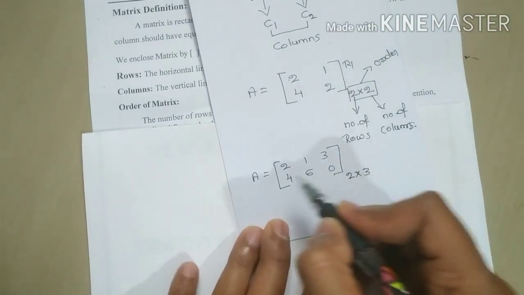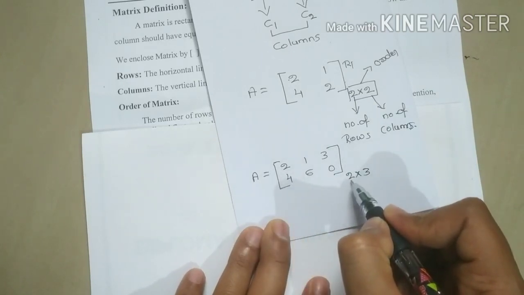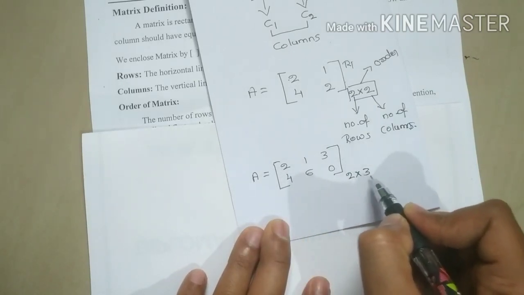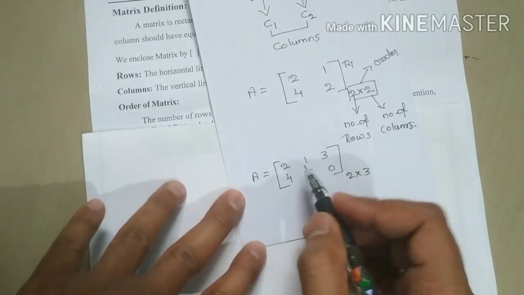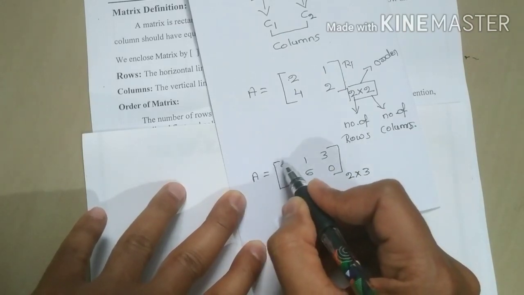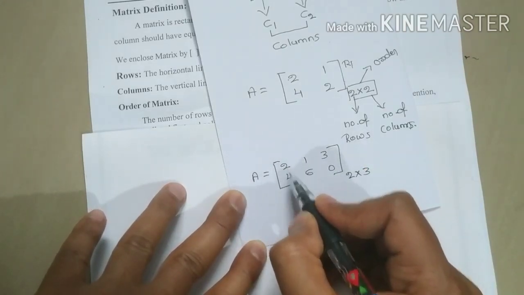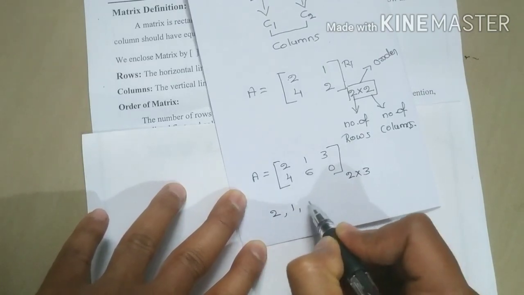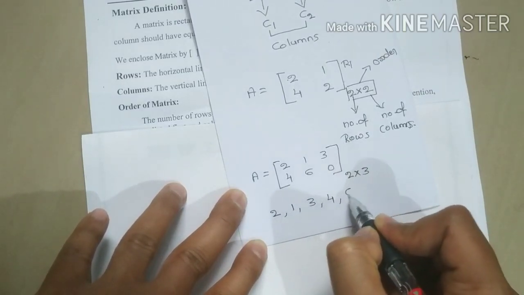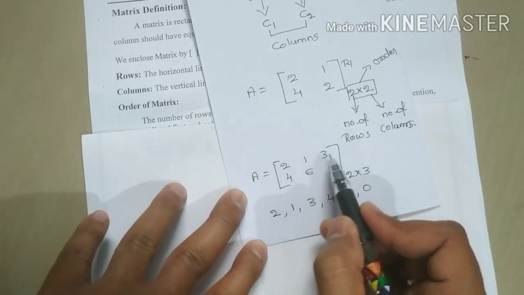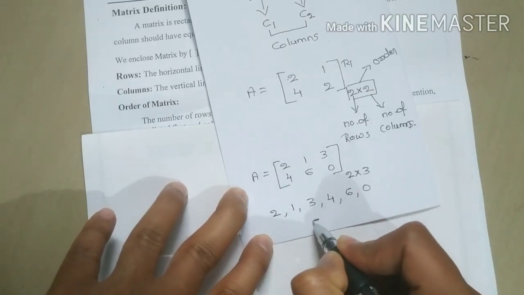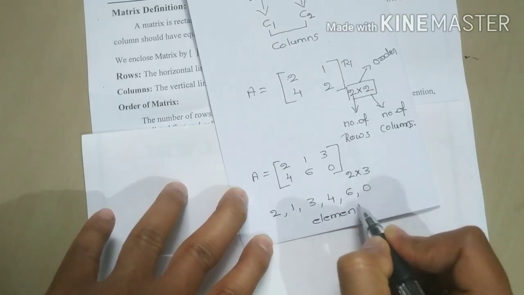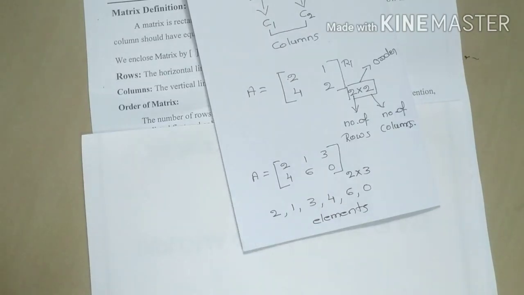This is the order of this matrix. Inside this rectangular bracket, 2, 1, 3, 4, 6, 0 are called elements of that particular matrix.